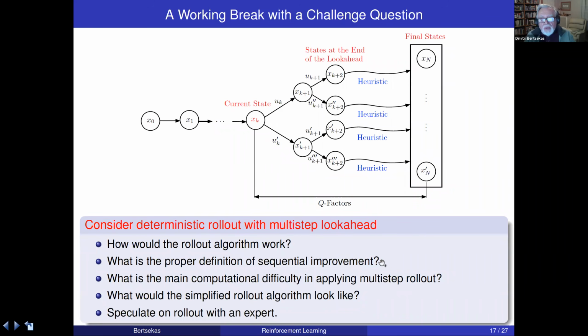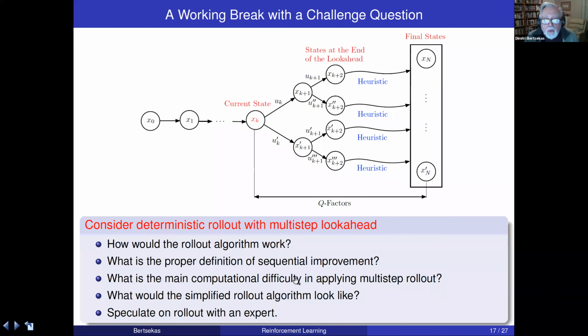The second question is, what do we mean by sequential improvement in this context? How can we relate it to the concept of sequential improvement for one-step look-ahead rollout? Generally, we expect that multi-step rollout will work better, although we are not entirely certain about that.